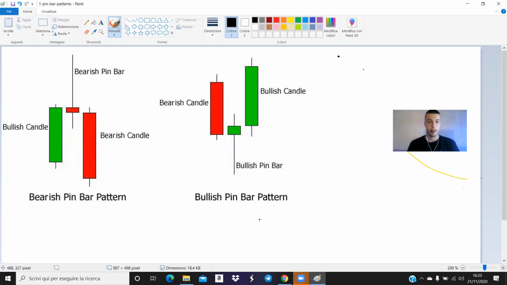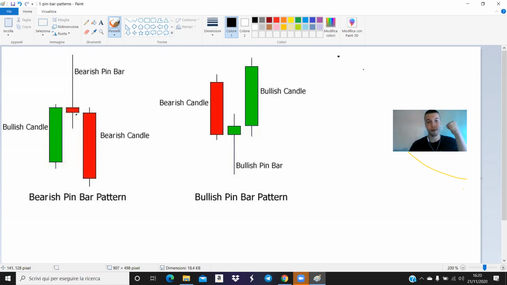So as I was saying, they are very important because they show a clear rejection. You can see that the price tries to go up right here, probably to break above a support or resistance, but then after the bulls tried to take control of the market, we pulled back down and the bears took control, and we closed almost at the entry level.